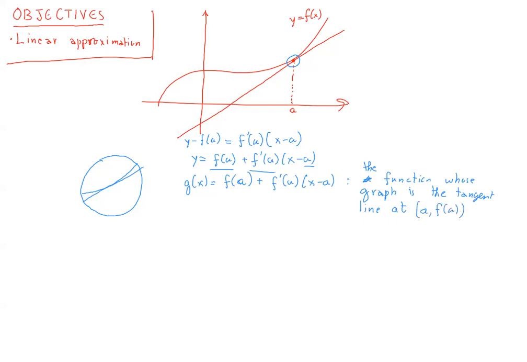So the principle that we're going to explore today is that for x close to a, g of x is close to f of x. You can see it in this magnification that I drew: if I take a point on the graph of the function, then the corresponding point on the tangent line is very close.